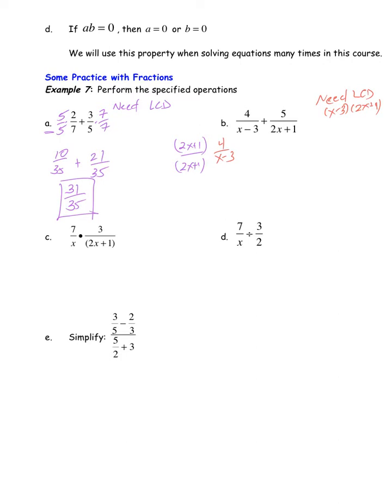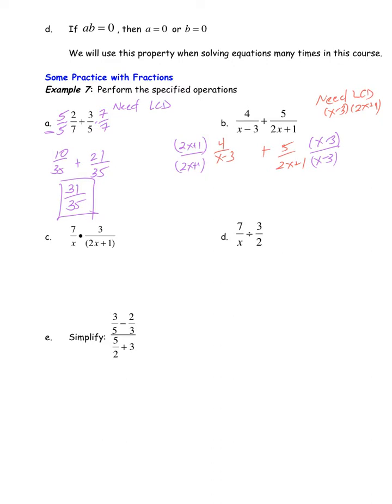And the second fraction, 5 over the quantity 2x plus 1, we're going to multiply that by x minus 3 over x minus 3. Okay, once we do that, we'll have a common denominator, and we can add those fractions. So we're going to continue working with the numerators of each of the fractions.